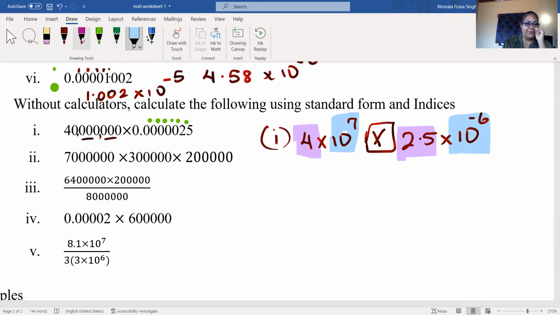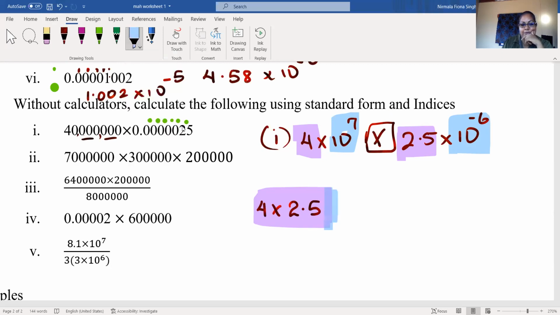So this is what we do. We're going to look at the numbers part first. So this is our numbers here. That's going to be the 4 multiplied by 2.5. So this is where regular multiplication is going to work. And now let's look at our standard form.